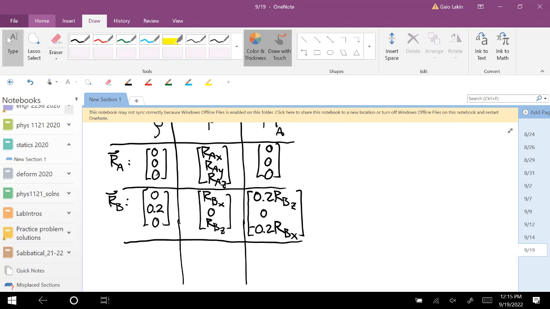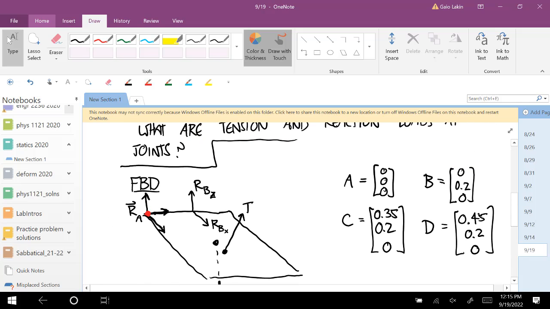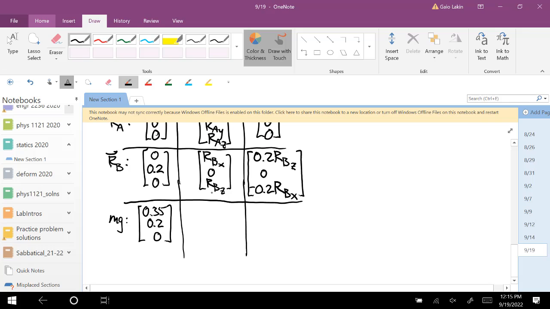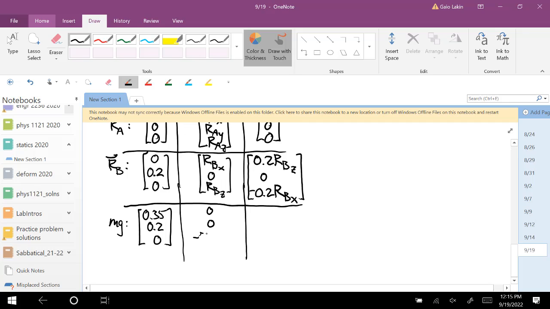And then we have the weight force. The rho vector for that is the coordinates where that force is applied, so 0.35, 0.2, 0. The weight is 0, 0, negative 784.8. Can someone take that cross product for me?